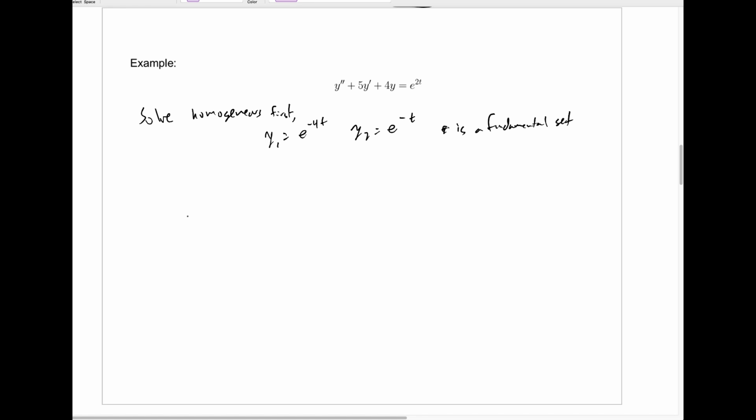So the general solution to the homogeneous version of this equation is the set of all real linear combinations of these two functions.